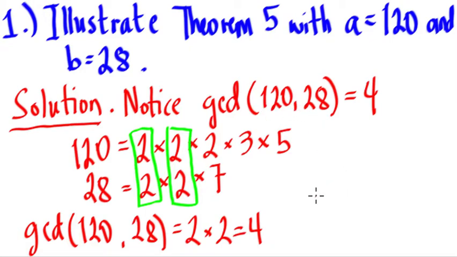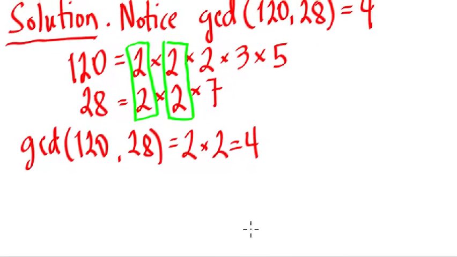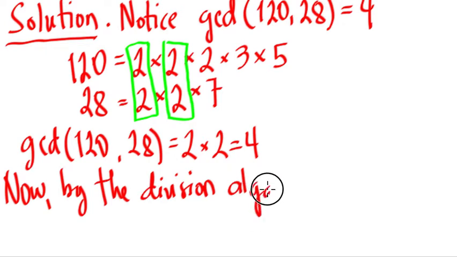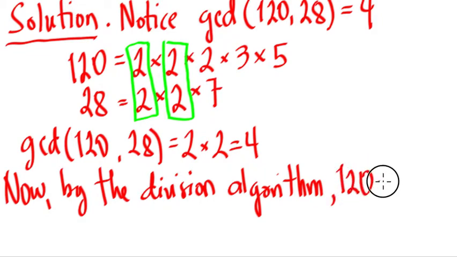Now, by using the division algorithm, recall the division algorithm, we can see that 120 equals 4 times 28 plus 8.